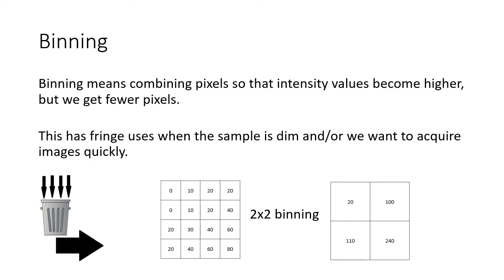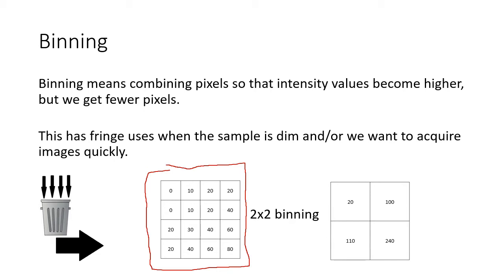Binning means that we combine pixels so that intensity values become higher, but we end up with fewer pixels. This has niche uses when the sample is dim or we want to acquire images really quickly. So imagine we have an image like this here, and now we want to bin it.